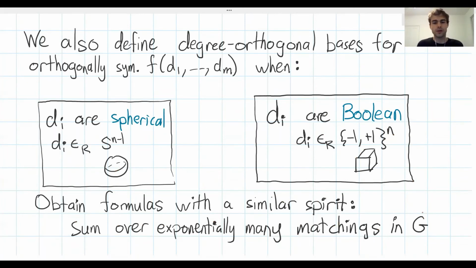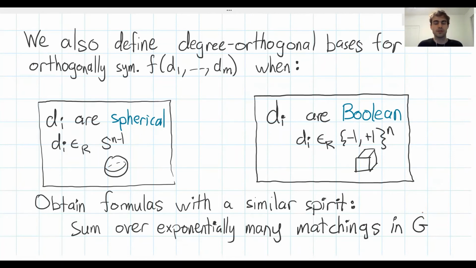Okay, so that's the definition of the orthogonal polynomials. We also define orthogonal polynomial bases for inputs coming from other distributions when they're not necessarily Gaussian. And the two cases that we consider are when the d_i are uniform unit vectors chosen from the unit sphere in n dimensions, and when they're uniformly chosen from the hypercube in n dimensions.